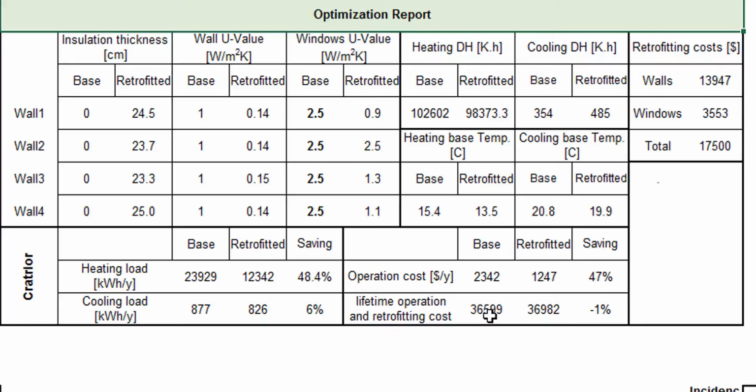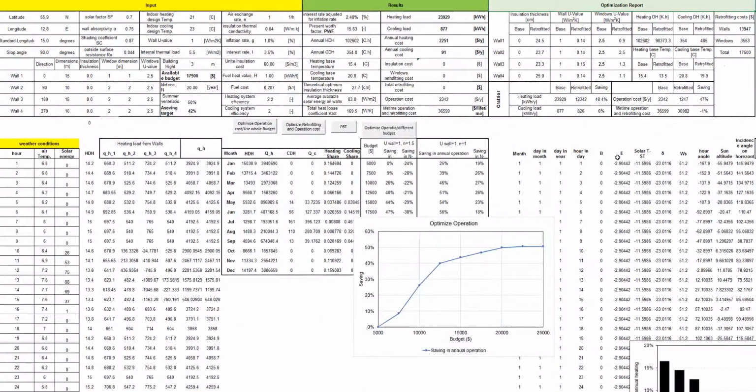Even though I spend this much money on retrofitting, the operation cost during 20 years will be almost the same. So I spend money, yes, but I save on annual operation, so I will get my money back within 20 years. I just put in 20 years, so I get the same number here.